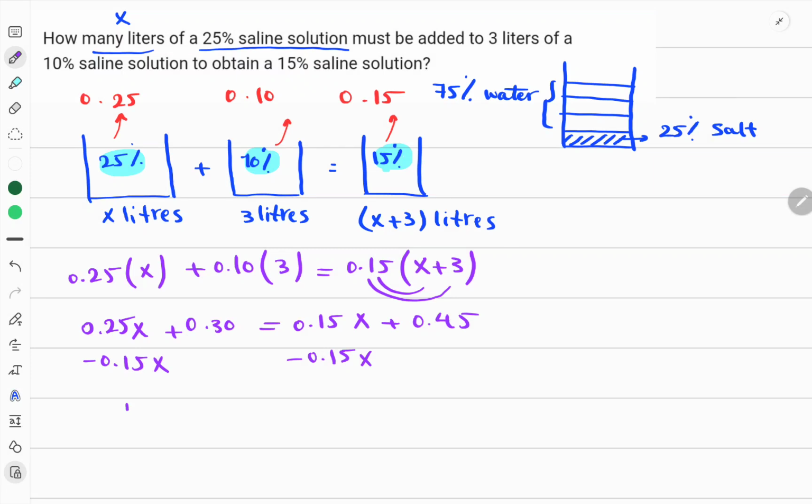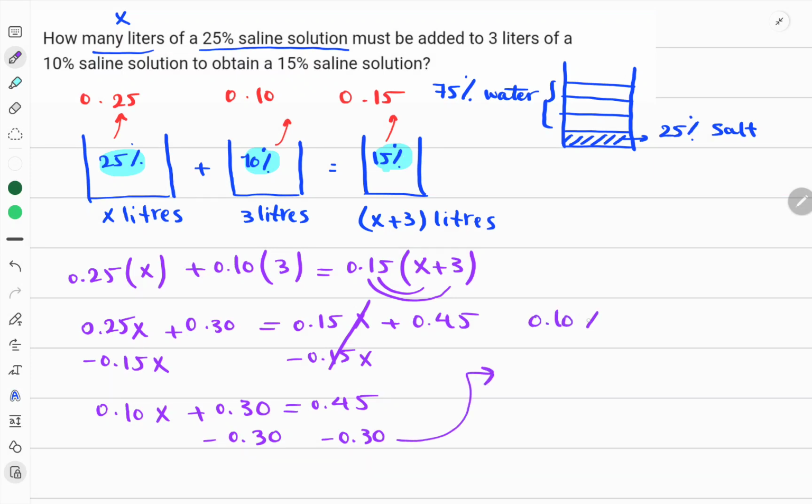Okay, so 10 hundredths X plus 30 hundredths gives you 45 hundredths, and then subtract 30 hundredths from both sides to maintain the balance of the equation.